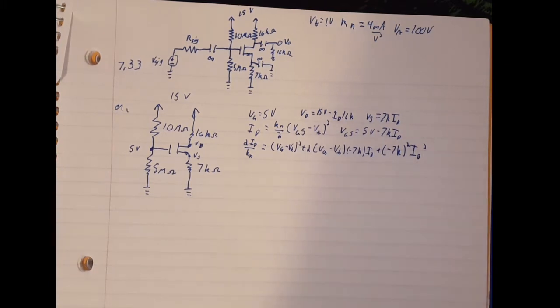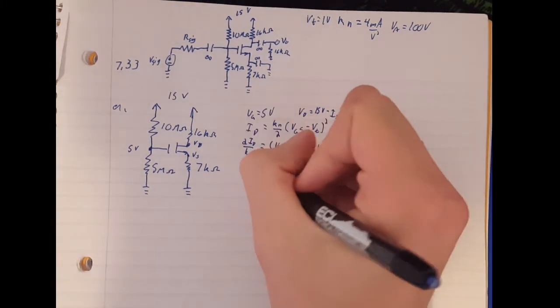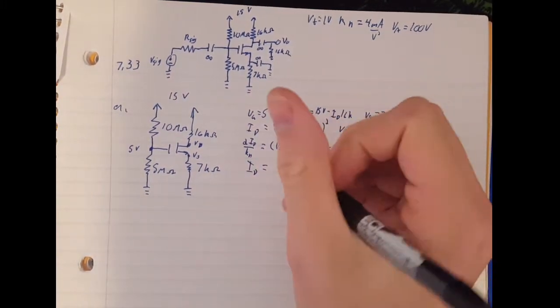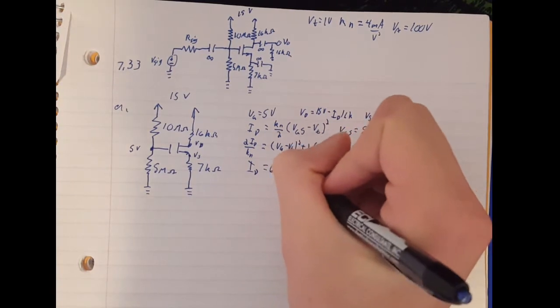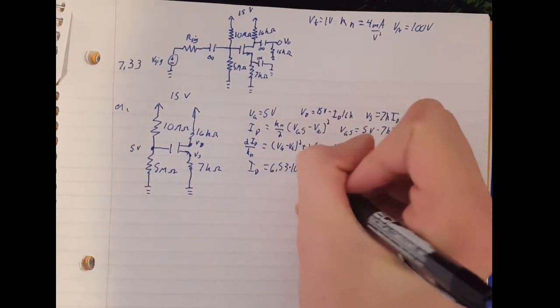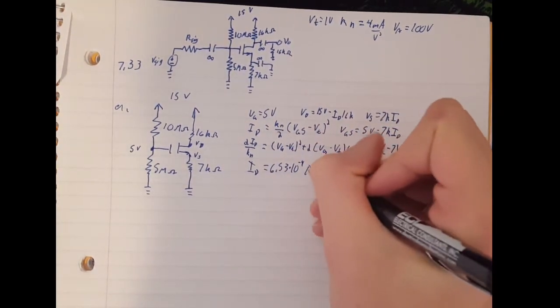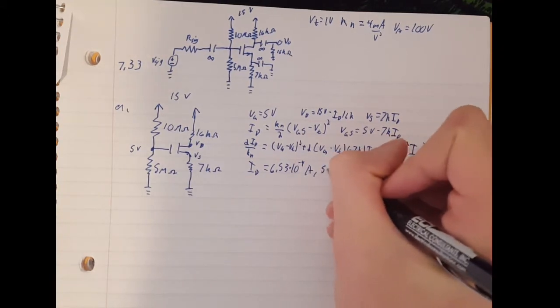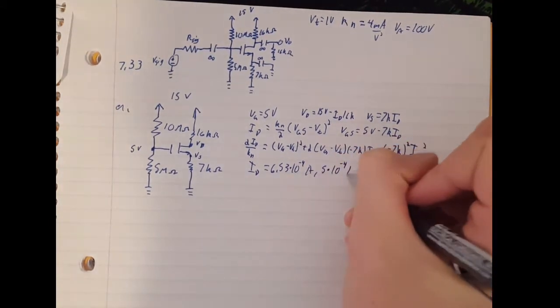You can either solve this out by hand or use your calculator to solve. It's just the quadratic formula, and you get ID is equal to either 6.53 times 10 to the negative 4th amps or 5 times 10 to the negative 4th amps.